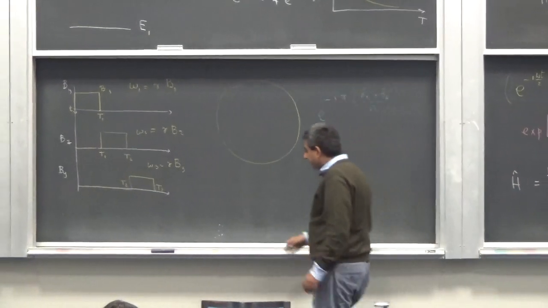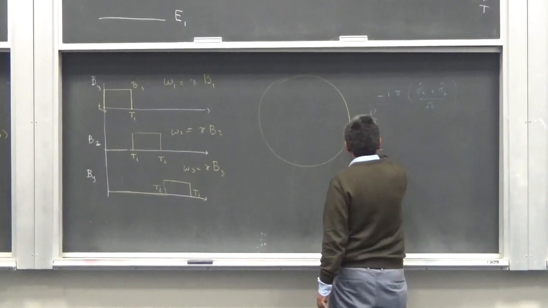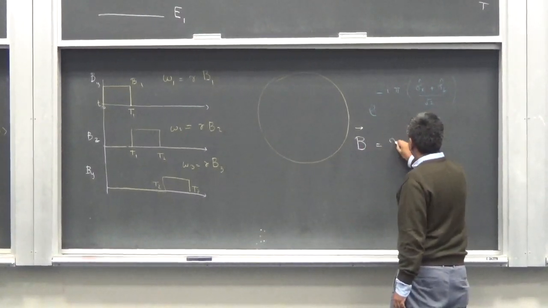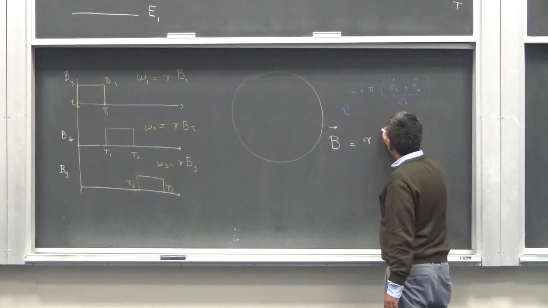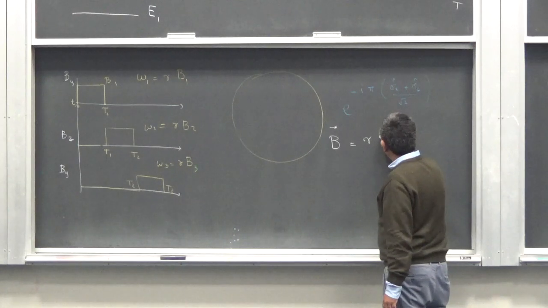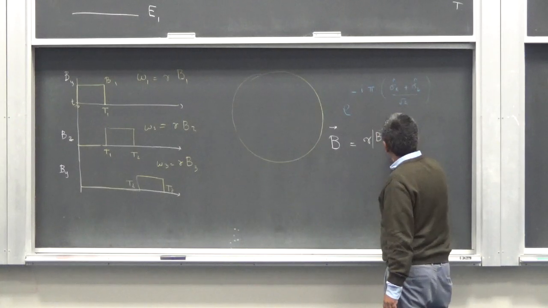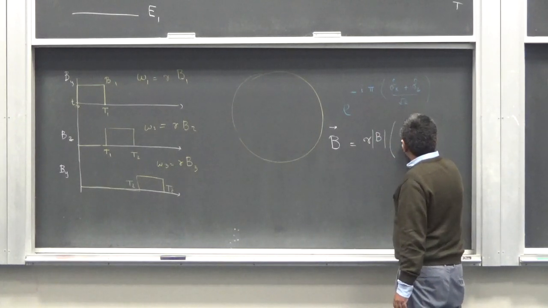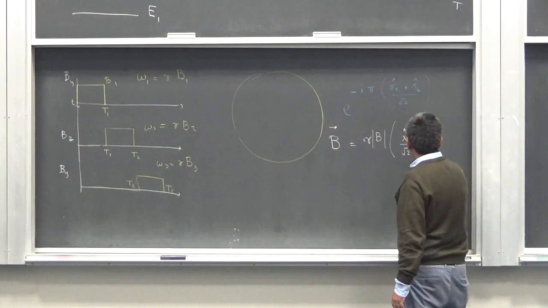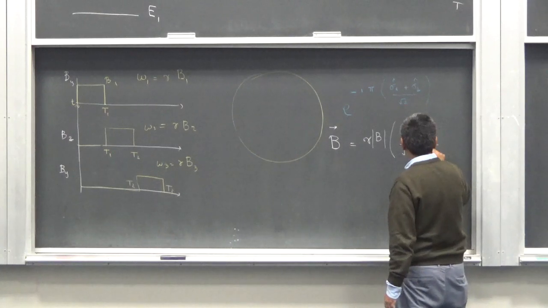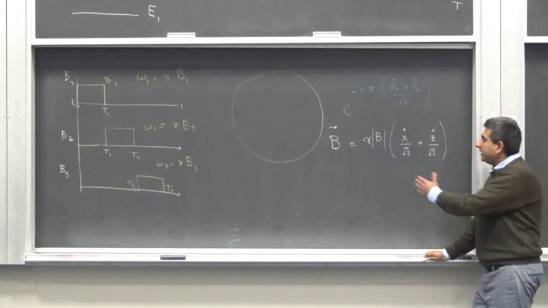So your magnetic field B has to be, if I put a vector, some constant of proportionality gamma and then some other constant B, x pointing in the x direction and pointing in the z direction at the same time. I would need a magnetic field of this kind.